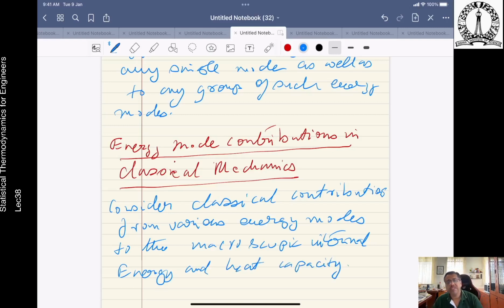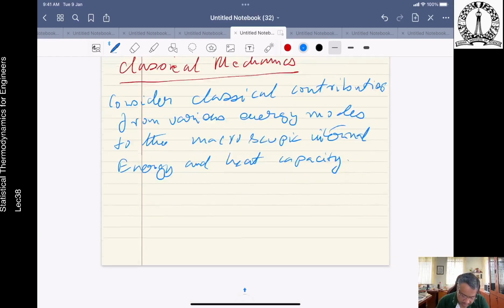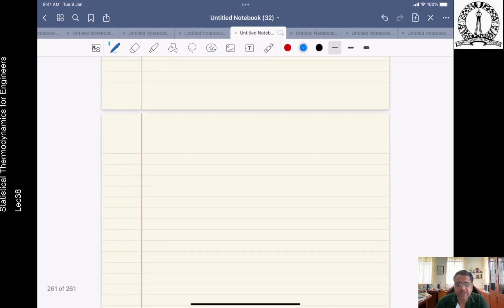Our goal, as we said, is to calculate the allocations from each of the translational, rotational, and vibrational modes.